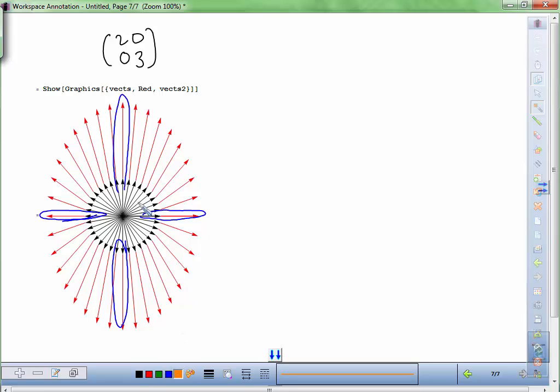Everything else, if we look at another matrix or another vector, they don't look so collinear there. Well, the black ones are random vectors. The red vectors are vectors that I got when I applied this matrix to it.